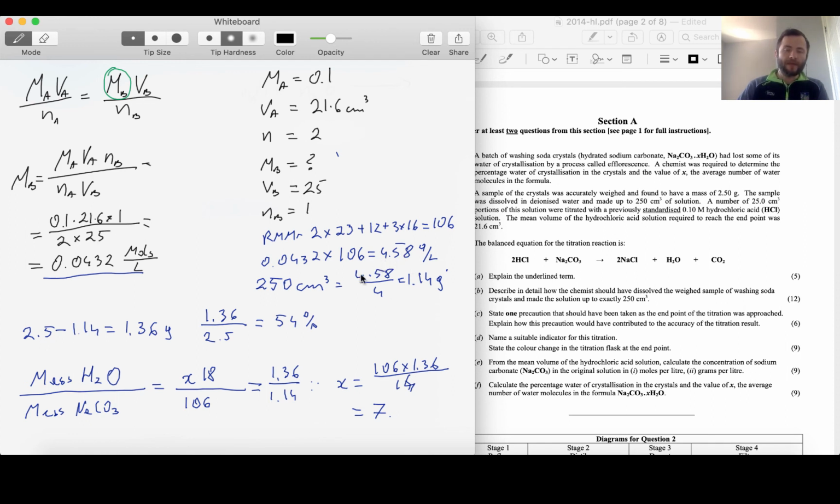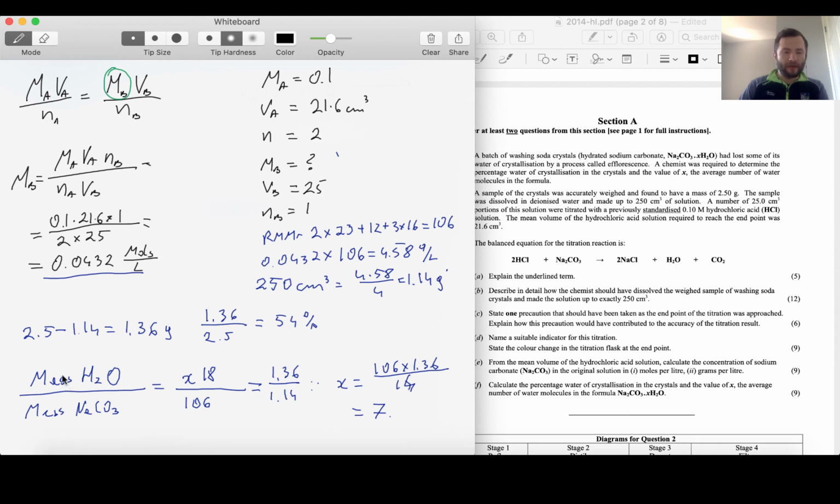And knowing that mass, I was able to find out the mass of sodium carbonate which was present in 250 cubic centimeters of this solution, the amount that we made. So knowing that mass, I was able also to find out the mass of water, and that mass of water in this case was equal to 1.36 grams. Knowing the mass of water and the mass of the substance, I was able to find the percentage of water in the substance, which was 54%.